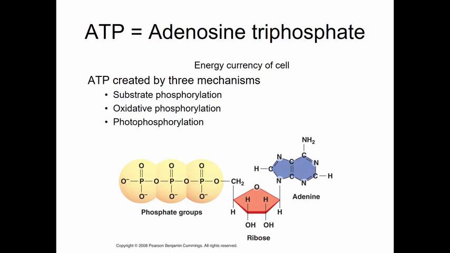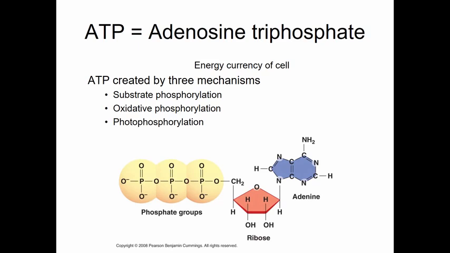ATP is created by 3 different mechanisms. The mechanism the cell chooses to use is going to be different depending on the cell itself. Okay, so it's created by 3 mechanisms.